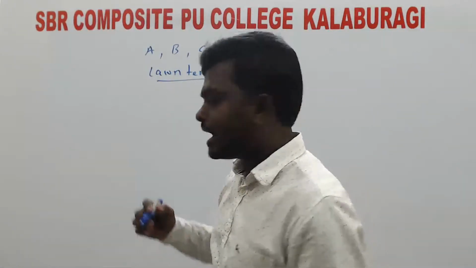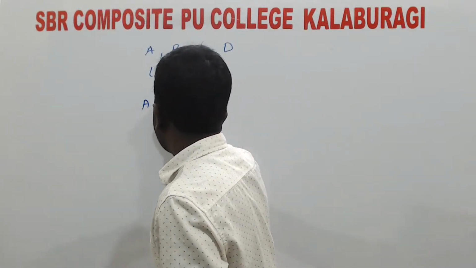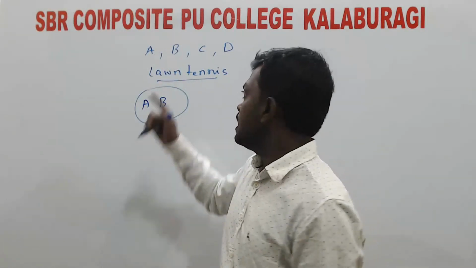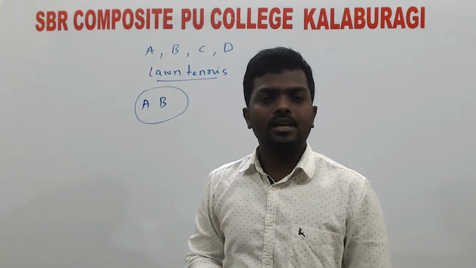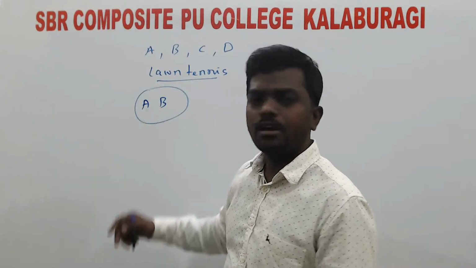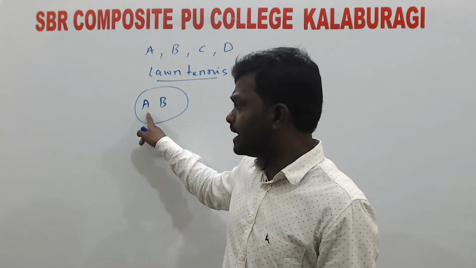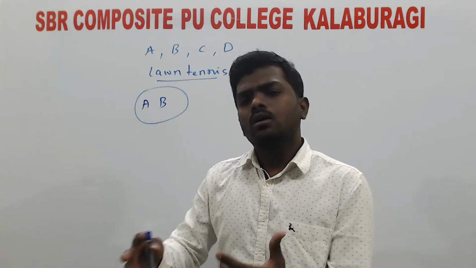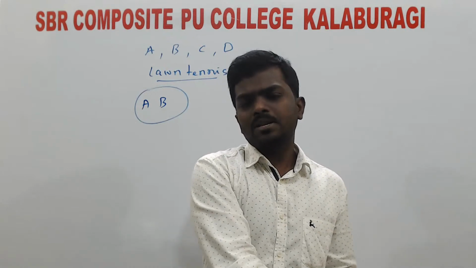So I say, okay, we have selected A and B as a team to represent our college in the lawn tennis competition or badminton, you can say. Okay, so I am sending a group of A and B students, right? So first we will hand it over to the principal, right?